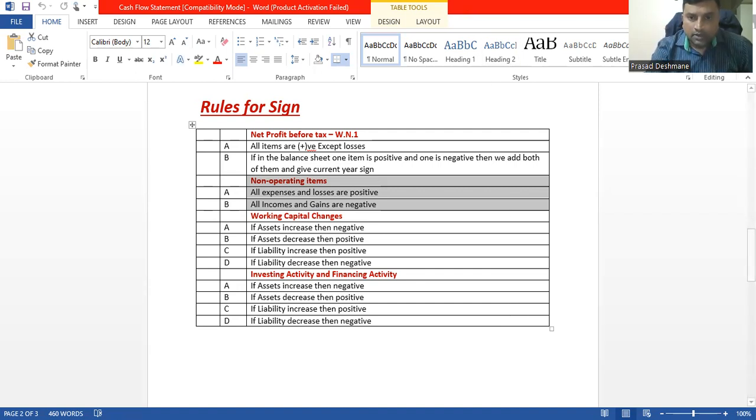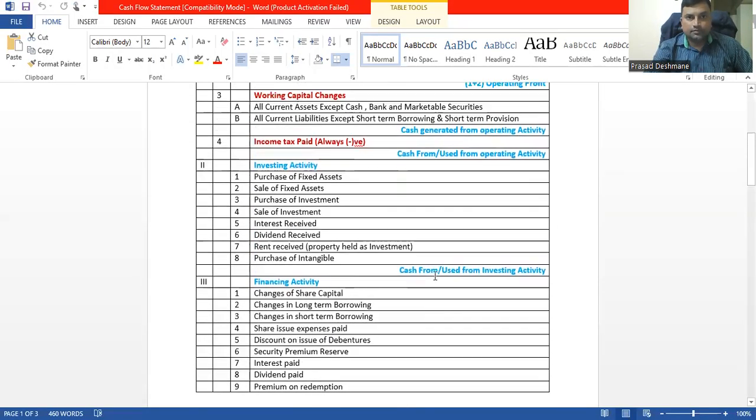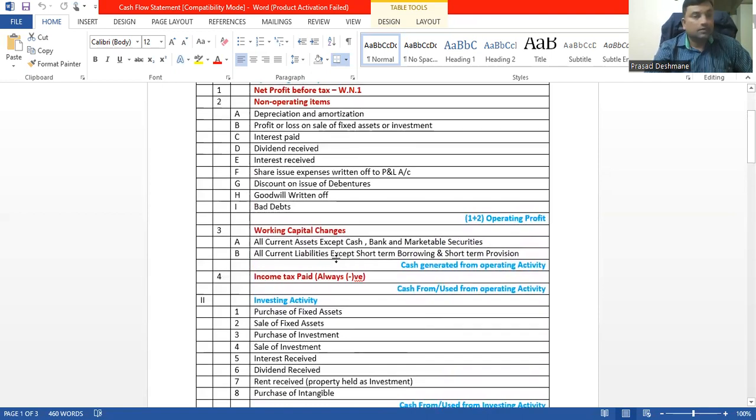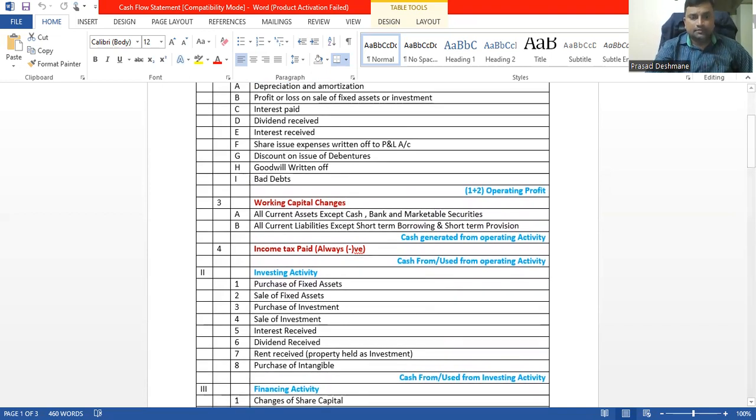Okay. Now, third one, working capital. The third part of the cash flow statement is working capital changes.